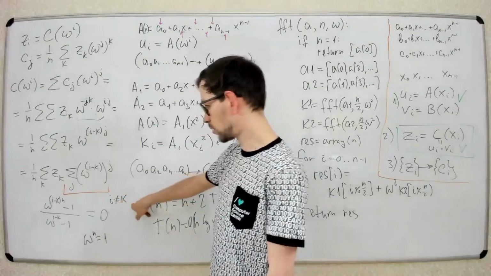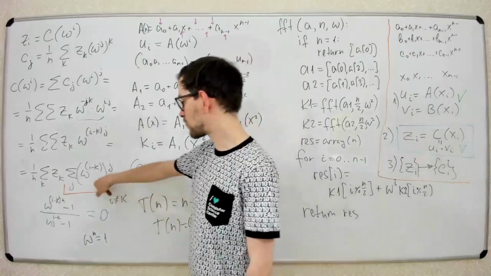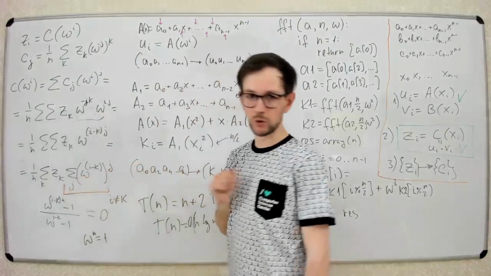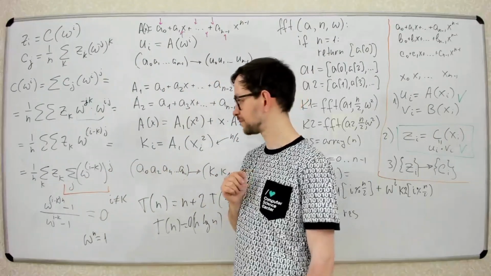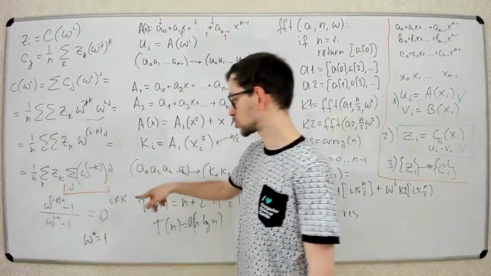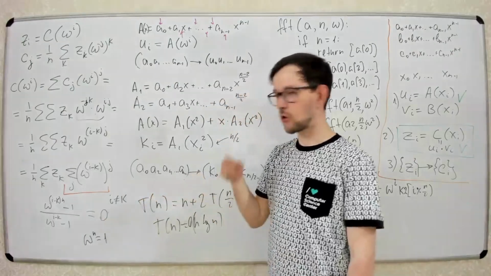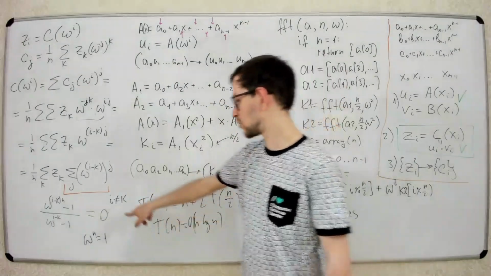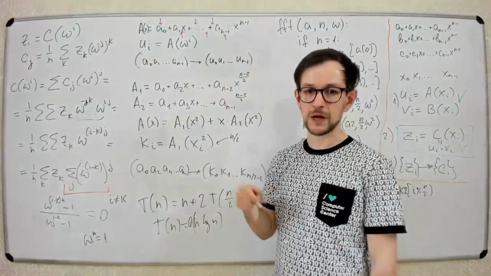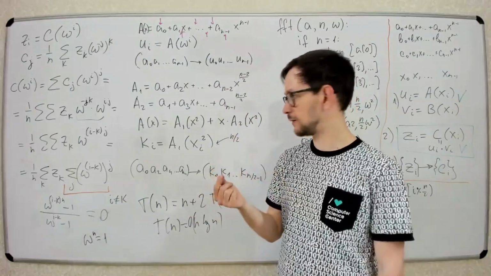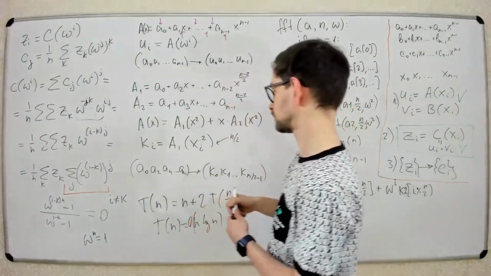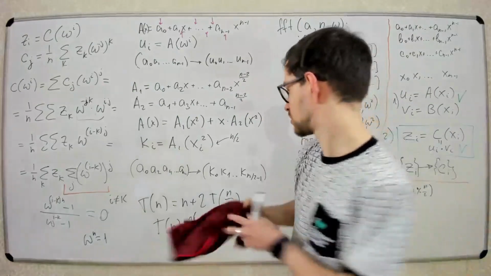And if i equals k, then I have 1, so this sum will be equal to n. So this sum equals 0 for all pairs when i is not equal to k, and equals n if i equals k. Okay, let's put it to the end.